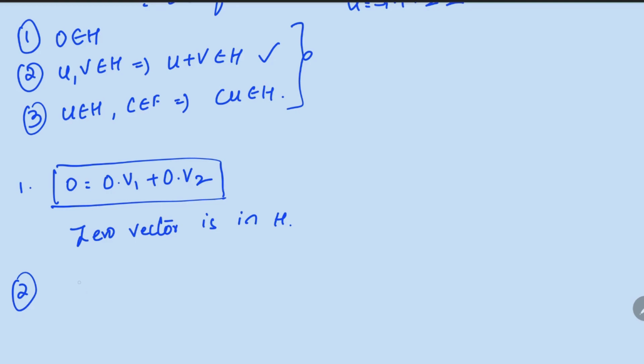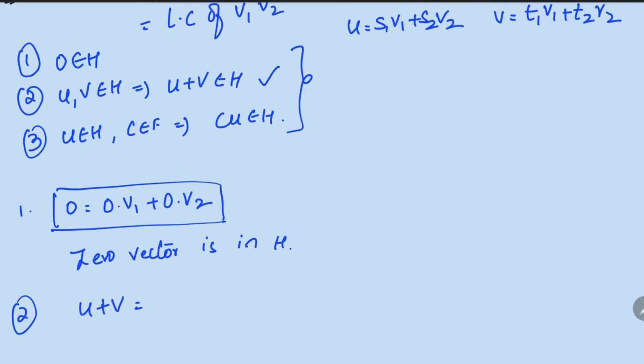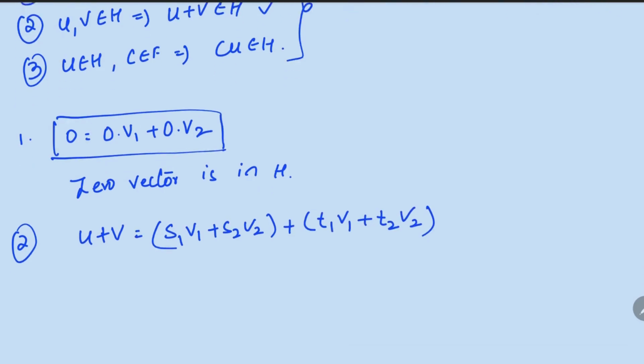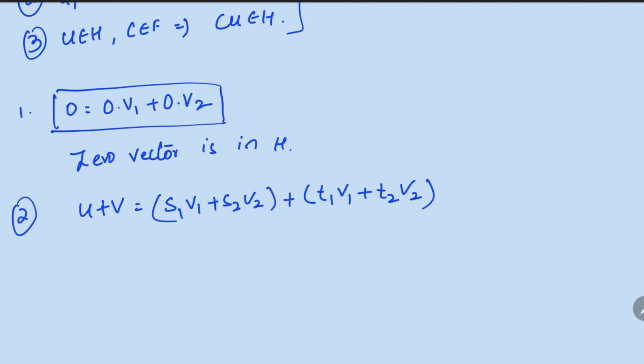And the second one: u, v belong to H, so u plus v belongs to H. First we have u plus v, which is equal to s1 v1 plus s2 v2 plus t1 v1 plus t2 v2. Here we have to write it in the combination of v1 and v2. So we can write s1 plus t1 into v1 plus s2 plus t2 into v2.